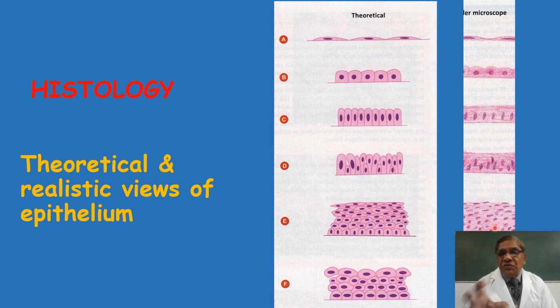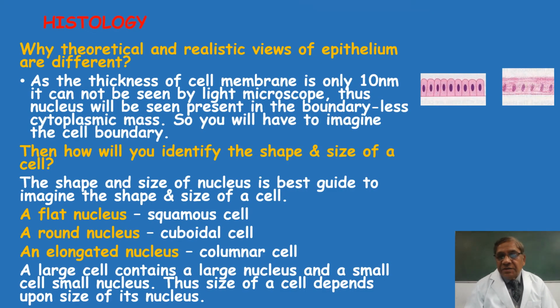That means there is no boundary of the cell seen under the microscope, and this is the main cause of confusion for students. Students become confused because of this reason. What I have written here is why the theoretical and realistic views of epithelium are different. See here, this is the theoretical diagram, and this is the real picture which you will see under the microscope.